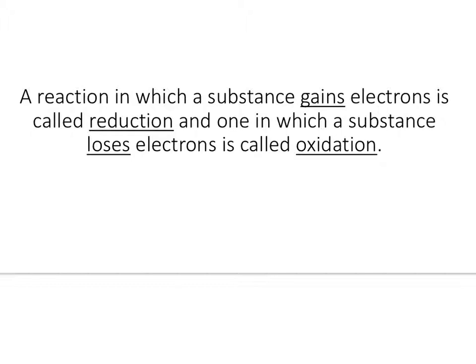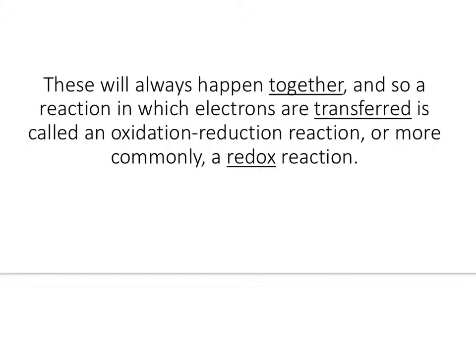So the term comes from oxygen, but now we know of it more as gaining electrons is reduction, losing electrons is oxidation.